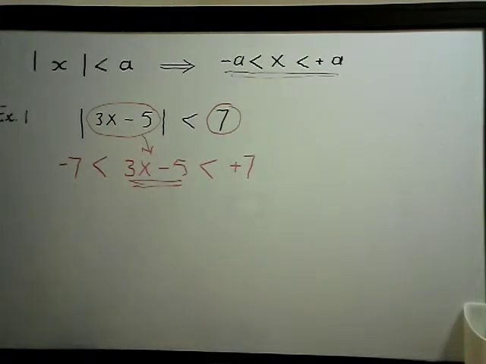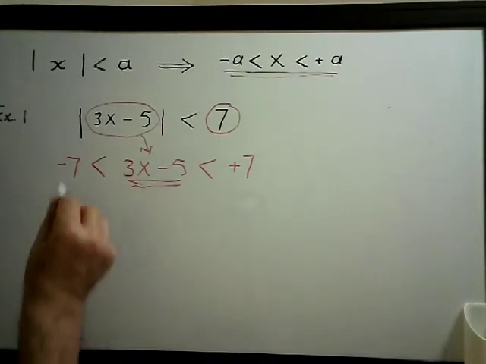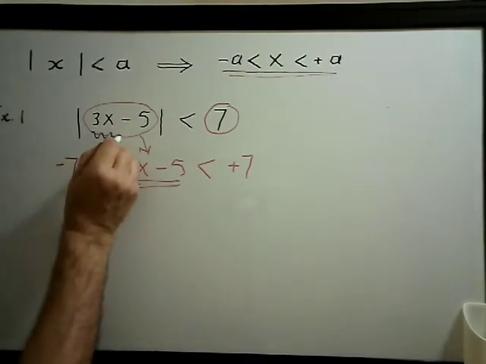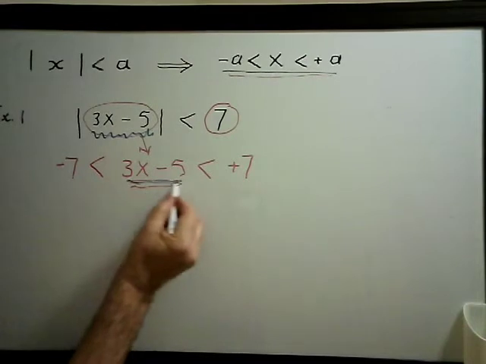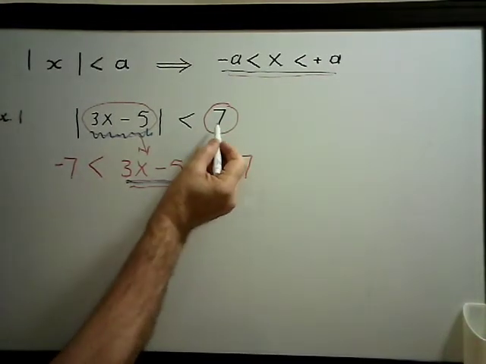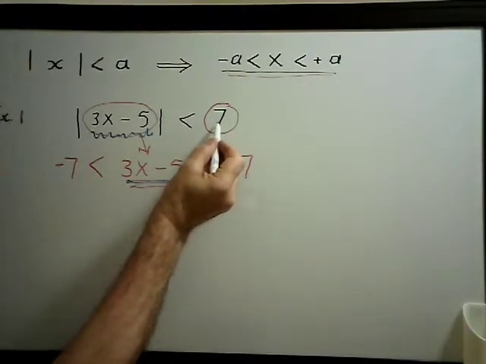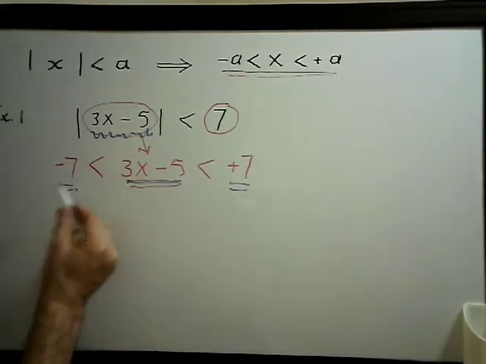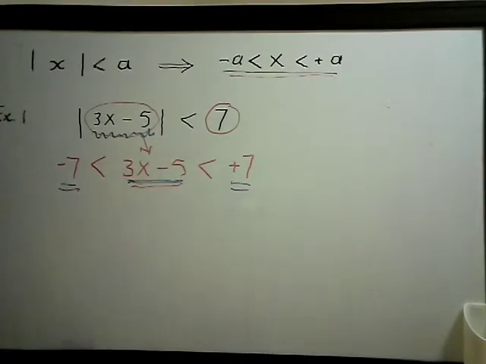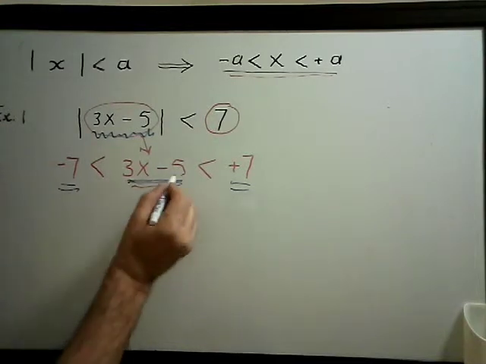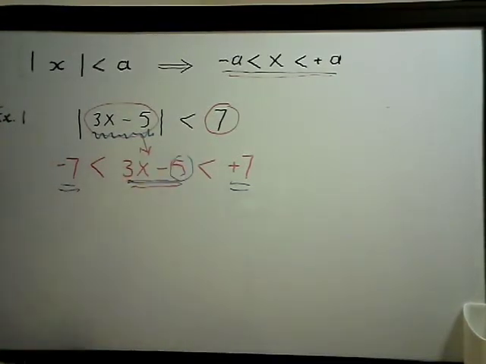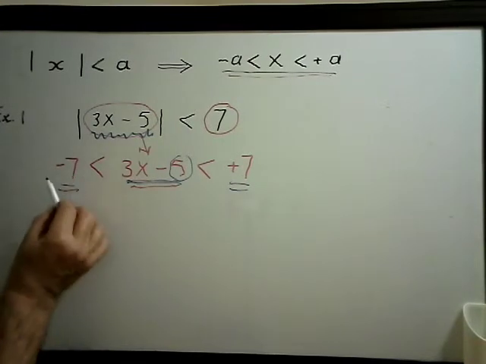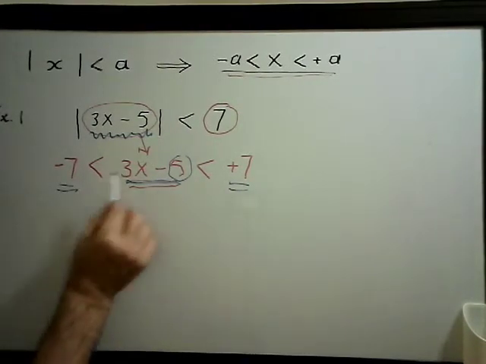So look what we did. We just took the whole form inside the absolute value and put it here, and took the number 7 in negative and in positive, and put them on two sides of the inequality. Now we start to get rid of negative 5 by adding to the three parts of the inequality.